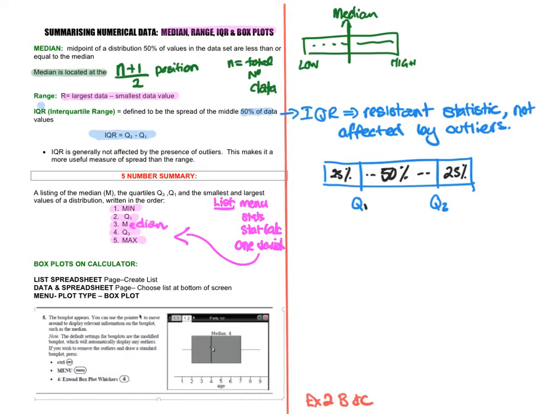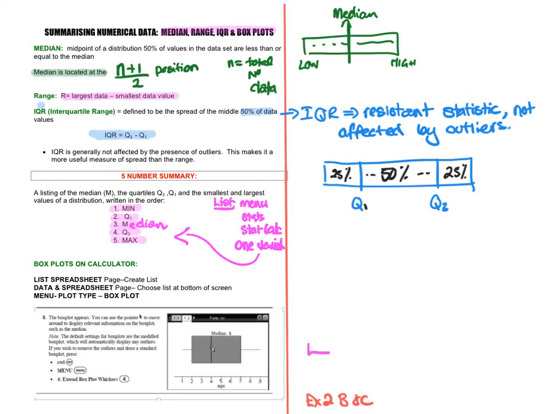If you scroll down, you'll see the 5-number summary written in order on your calculator. So once you've got your list in, you can get your 5-number summary, and you can also create a box plot.